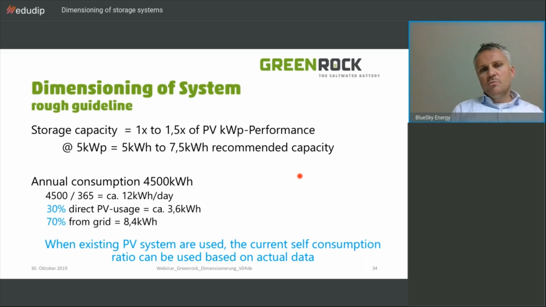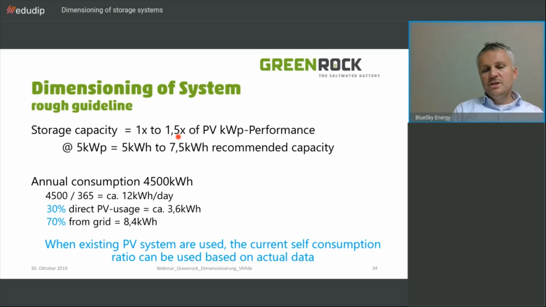So in general, what we say, as a rule of thumb, is that the storage capacity should match the kWp performance of the photovoltaics. So if we have a 5 kilowatt peak photovoltaic system, we are recommending a 5 kilowatt hour storage system, or 1.5 times that.